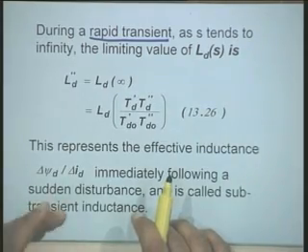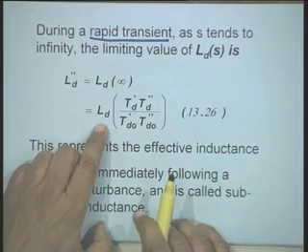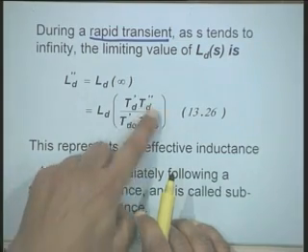Now, what we are trying to say is that the inductance offered by the direct axis under rapid transients is denoted as the subtransient inductance, and this subtransient inductance is related to the synchronous inductance by this expression, these time constants.